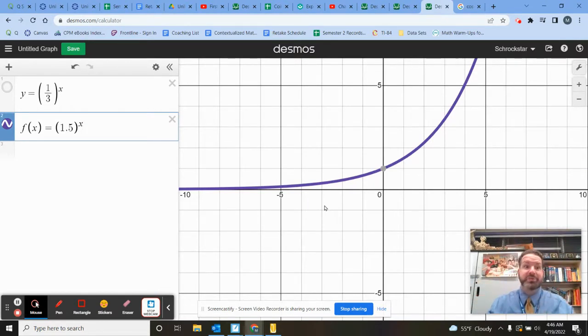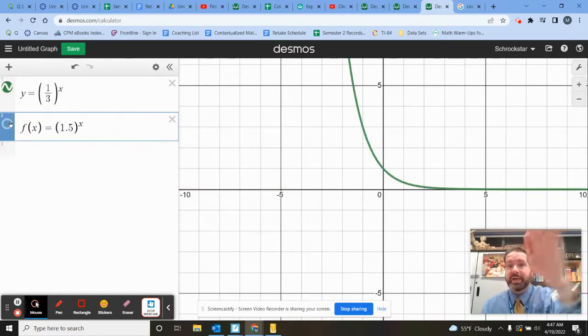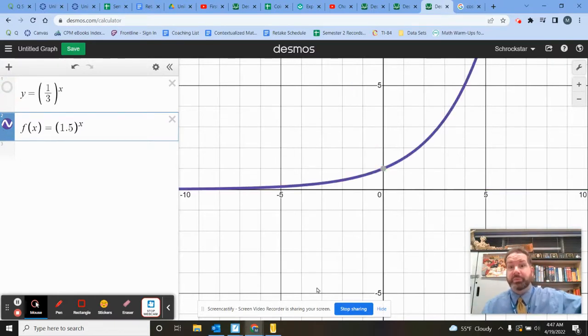That way you don't forget them when you do need them. Notice this time the graph goes up. In our previous one, as you looked at it left to right, the graph came down and leveled off. This time, the graph starts low, leveled off, and then goes up. These are the two types of graphs that we're going to see.